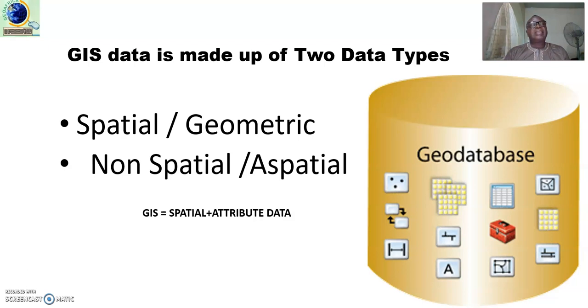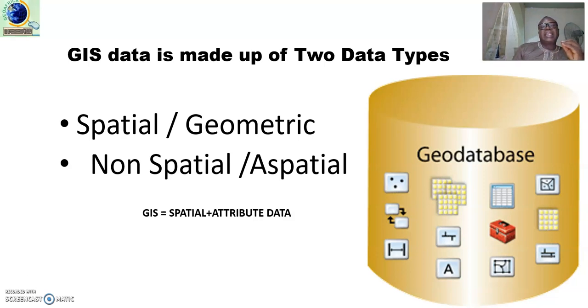Today, we are looking at GIS databases, and GIS data is made up of two data types, known as spatial data or geometric data, and non-spatial data, or what we call attribute data. These are the two major types of data that are used in geographic information systems.